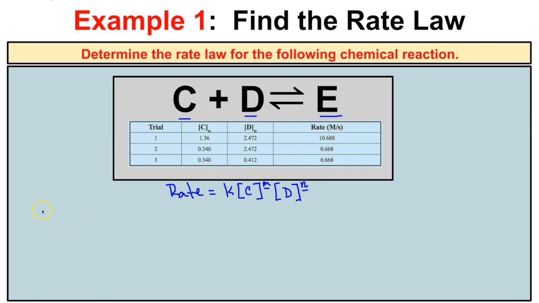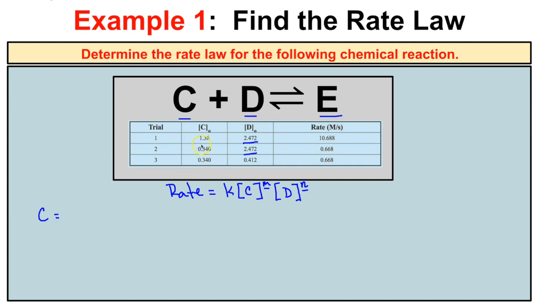So if we take a look at reactant C here, what we will have to do is hold reactant D constant, and we do so in trial 1 and 2. And so now what we're going to do is compare the concentrations of reactant C to the rates over here. Let's do this.